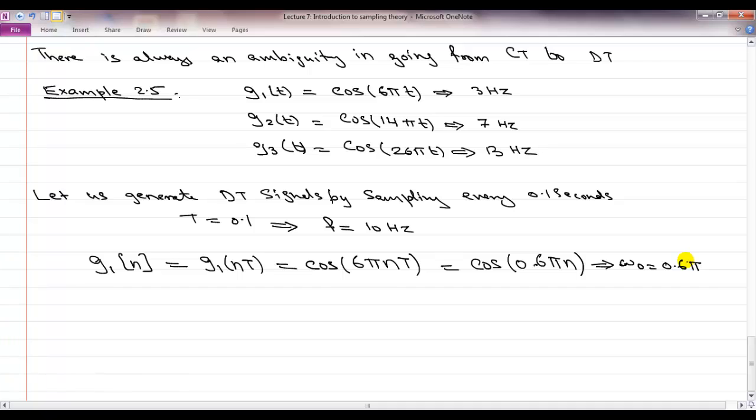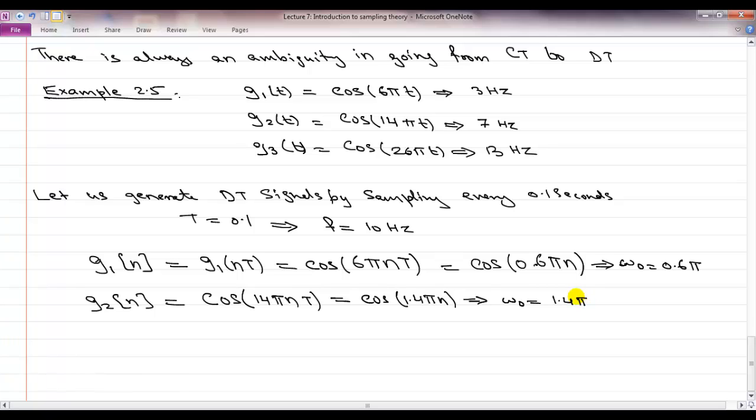Okay, so that's good. Now let's sample the second one with the same time duration. If you do that, you'll get cosine of 14 pi n capital T, which equals cosine of 1.4 pi n. Okay, so this looks like a discrete sinusoid with omega naught of frequency 1.4 pi.